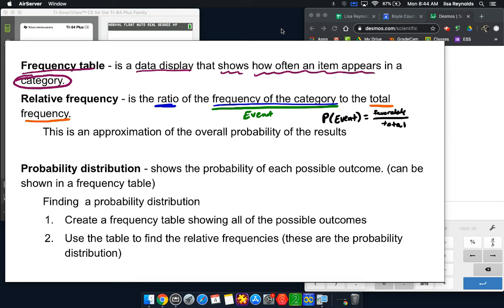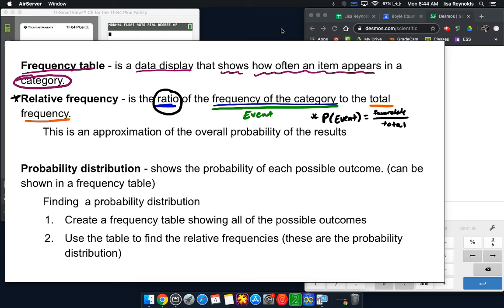So your relative frequency is pretty much the same thing as the fractional probability. The key to this is we are going to leave this as a ratio, in fraction form. So this is an approximation of the overall probability of the results.